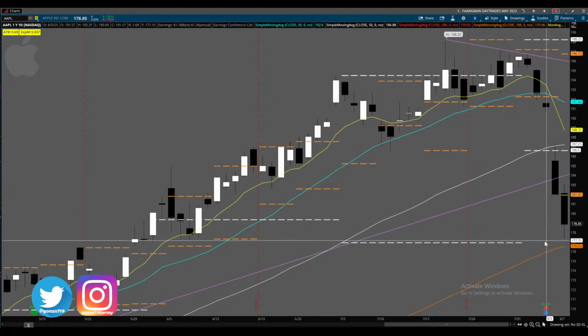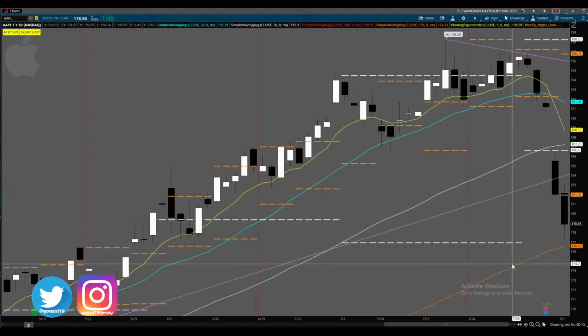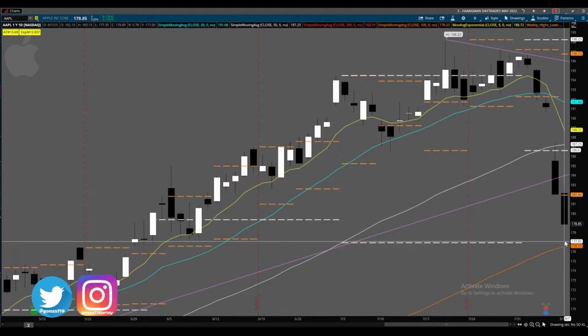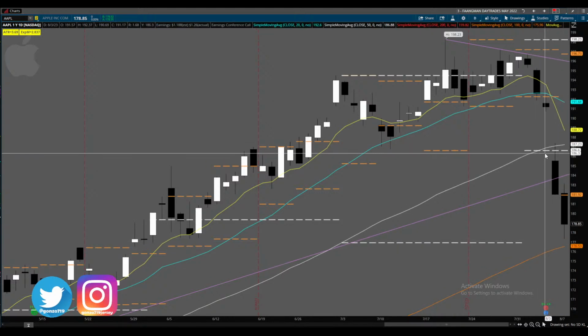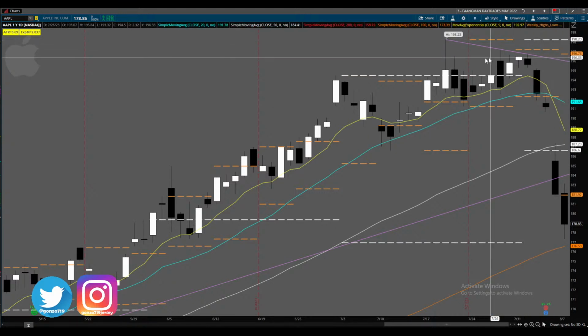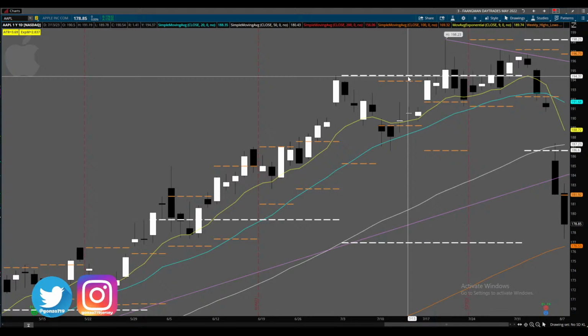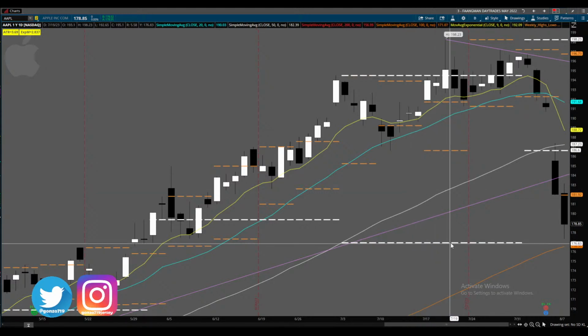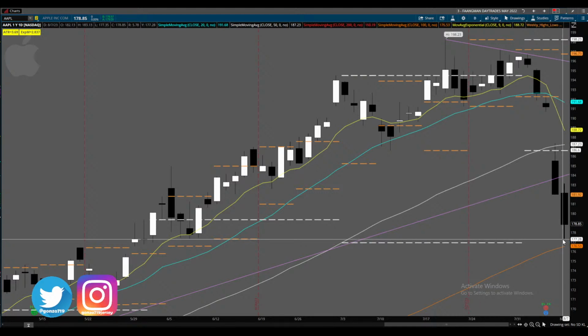But look where Apple is, this is the 100-day moving average. See that? And this is how much Apple's fallen. This is last month, which is July. These whites are June. So Apple has gone to June's monthly lows. That's how much it's dropped.